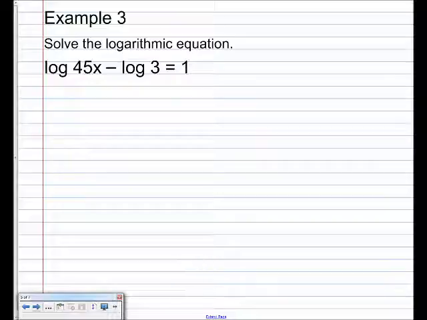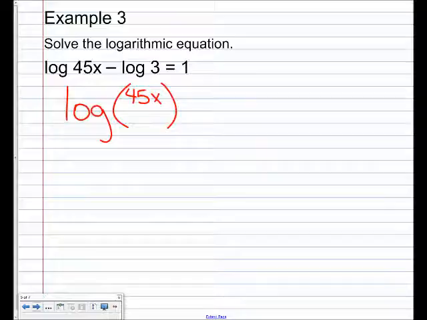And what are the two arguments? 45x and 3. So I'm going to write it as one logarithm. But what's going to be my new argument? 45x divided by 3. Again, remember, whenever it's subtraction, you should be writing division to connect them.